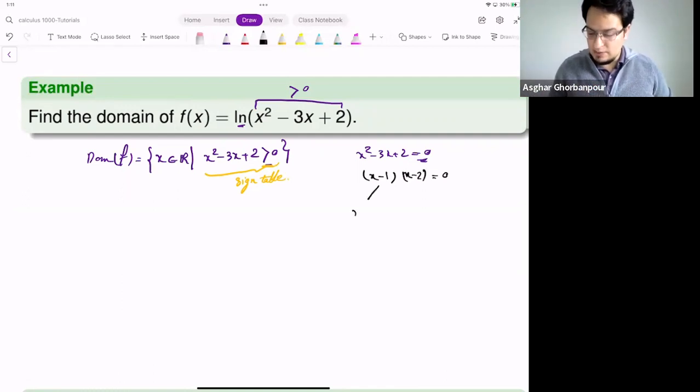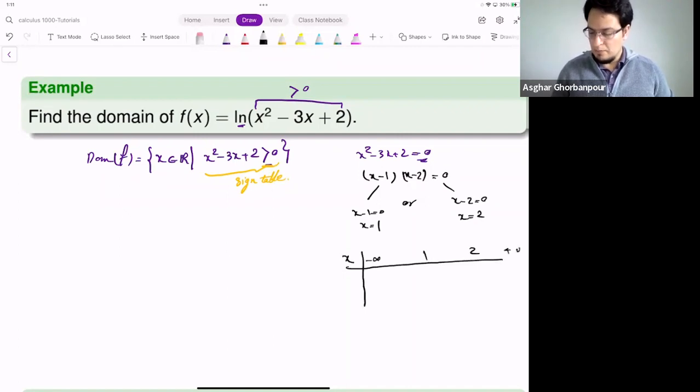And then either x minus 1 is 0, which means x is equal to 1, or x minus 2 is equal to 0, or equivalently x is equal to 2. So now I know that for x at 1 and 2, my expression, which is x squared minus 3x plus 2, is 0 at these points.